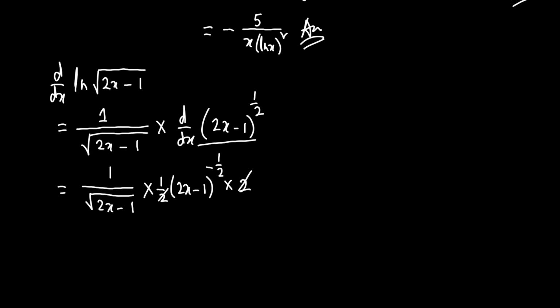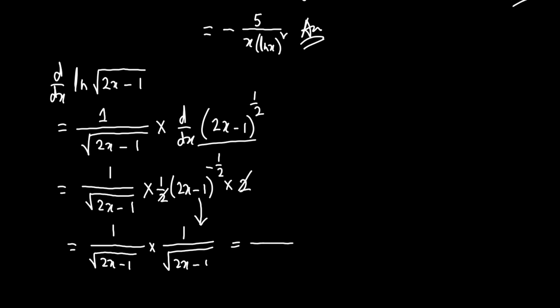The part remaining here, we can write it, say 1 by root 2x minus 1 into 1 by root 2x minus 1, because from here you can write it as negative power. So finally root and root is cancelled, or root 2x minus 1 whole square, you can write it twice x minus 1, and this is our answer of this question. So this is the total part of the ln.